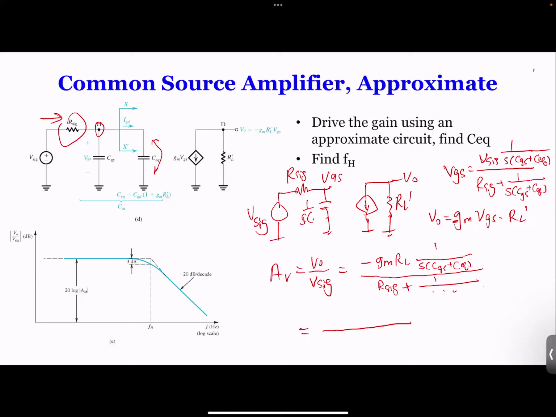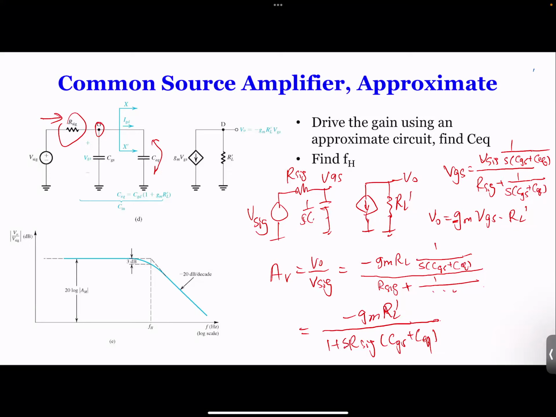Then we get minus GM RL prime, then 1 plus RSIG times CGS plus CEQ times S. So this is what we get for the voltage gain.